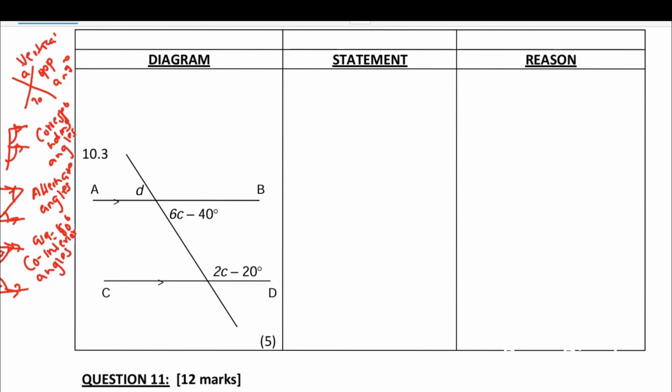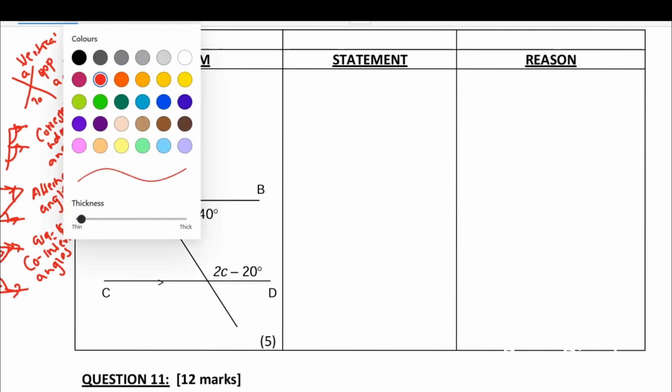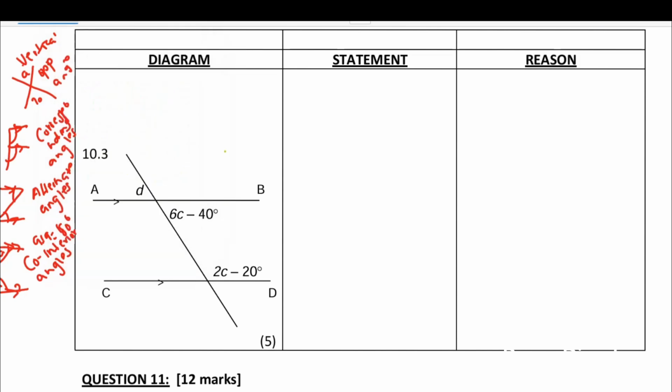Okay, guys, let's come to this side. So let's start with C, and then we'll work on D. Guys, we have parallel lines there. Let me change the color so that you can see what I'm talking about. These are our parallel lines. And then we have a C here and a C here. Can you see?